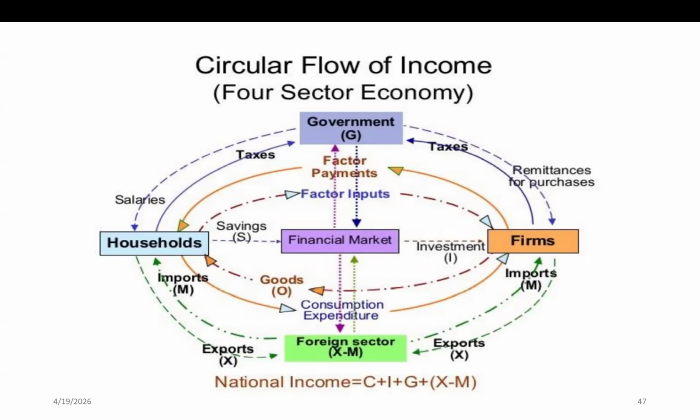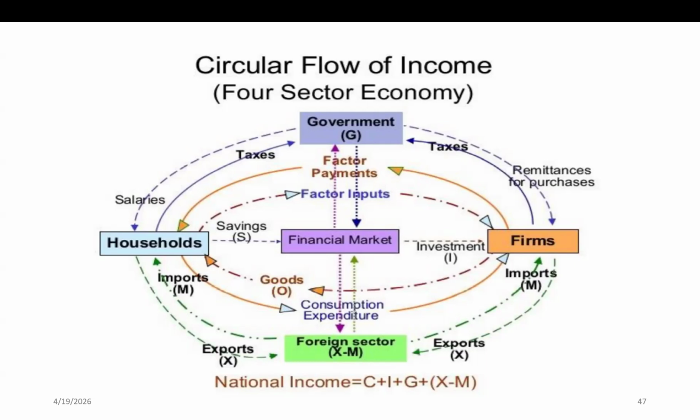Those are known as savings. And then those financial institutions will provide certain loans to firms to expand their businesses, so those are known as investments, right?